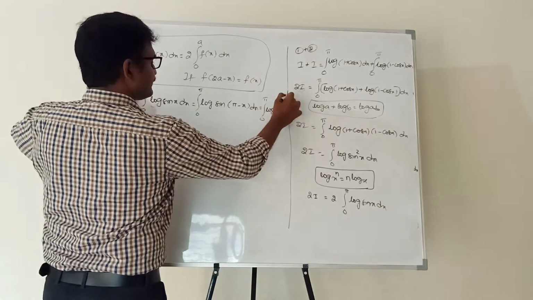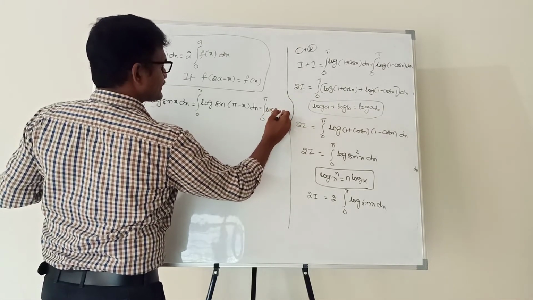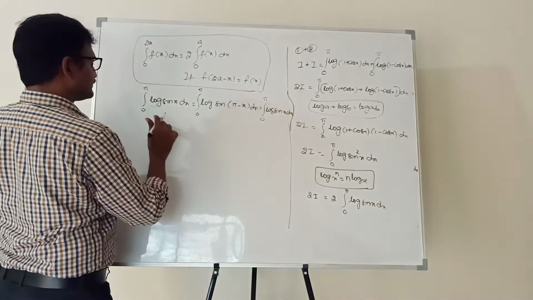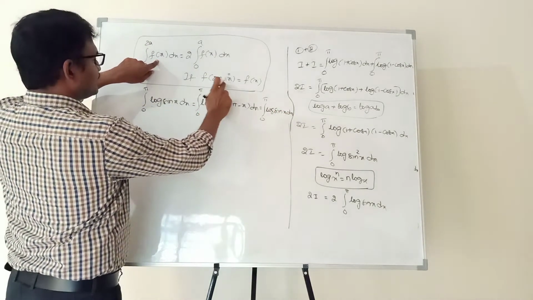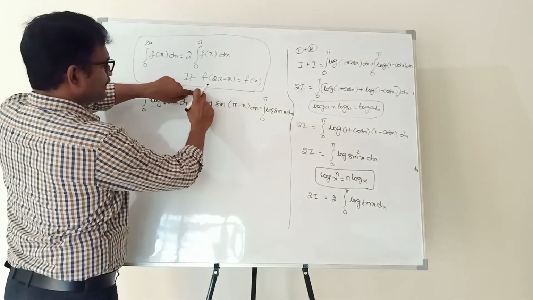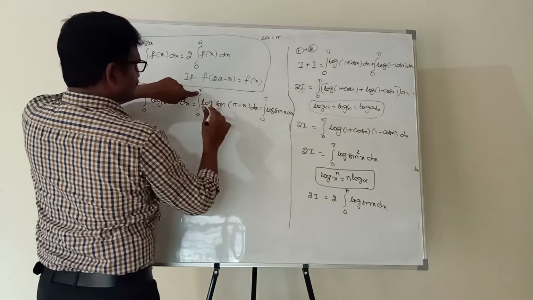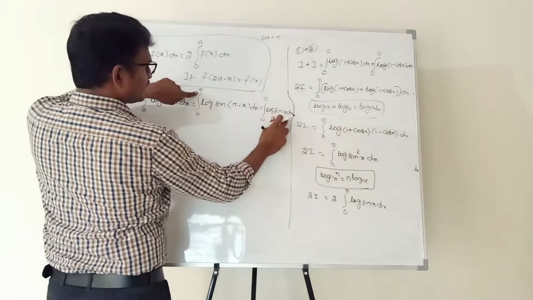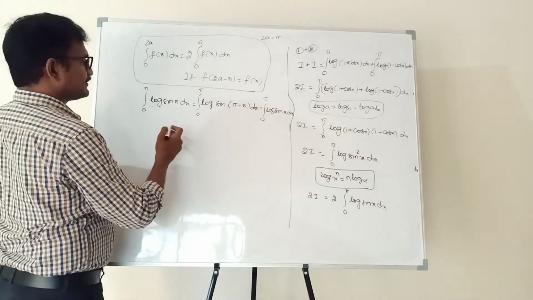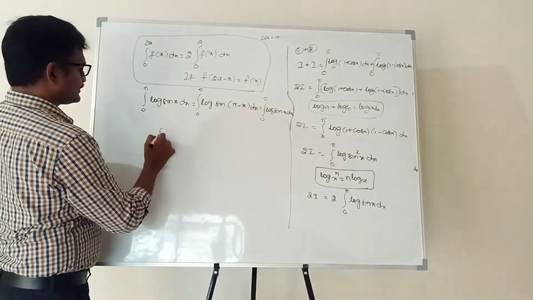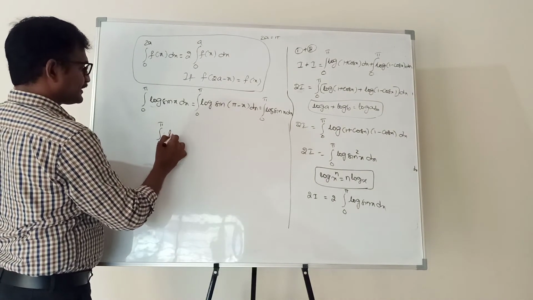Again we got the same function, log sin x dx. If f of 2a minus x, where 2a means pi, gives the same function again, then this function, the integral from 0 to pi of log sin x, we can write like this.